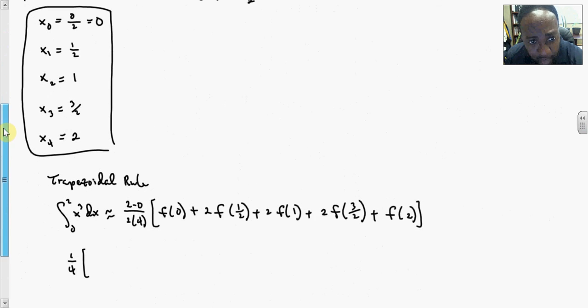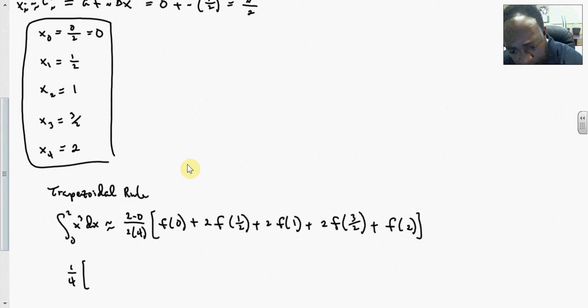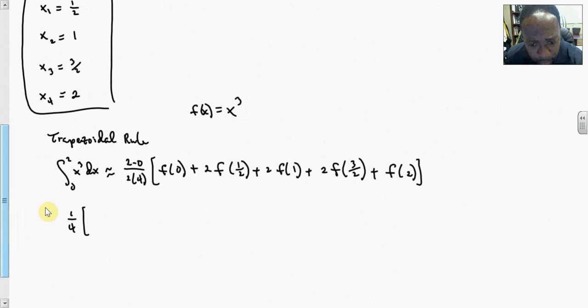And so now we look at the function. What's the function? The function is x to the third. So we look at 0 evaluated at x to the third.